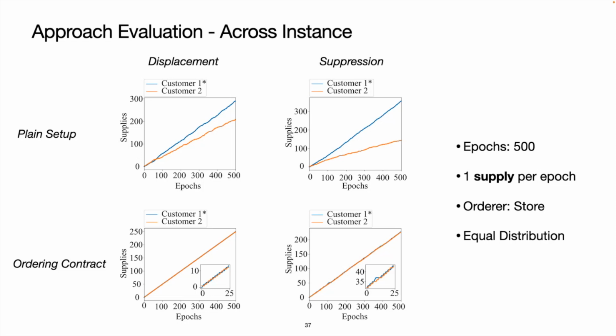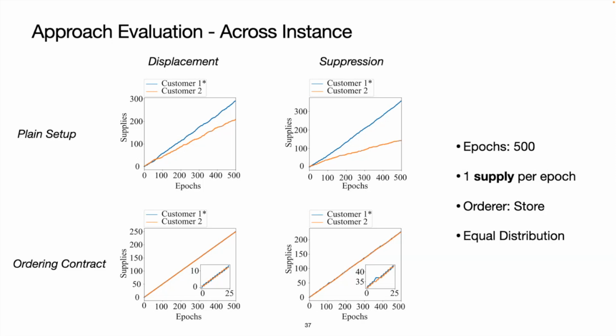This is what we get. In the plain setup, without our proposed approach, we can see how customer 1, being the malicious node, obtains all the supplies. And with our solution, we chose for the store to distribute the supplies evenly. Of course, it could have been different, but this is what we simulated.